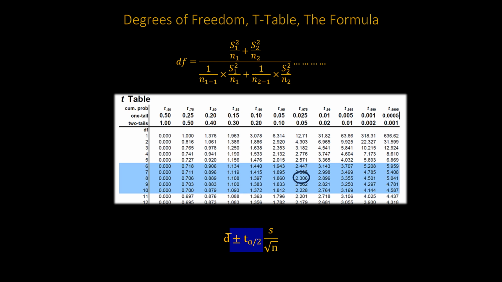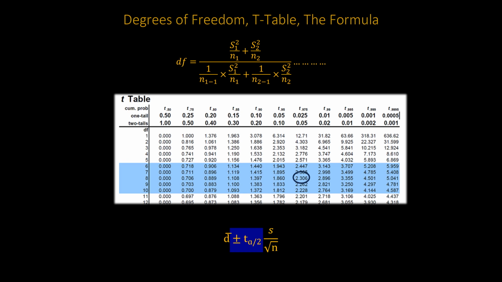Now that would be the column that would be used for a 95% confidence level. The t.975 stems from the 0.95, which is 95%, plus 0.025, which total is equal to 0.975, and with 8 degrees of freedom, the critical value is 2.306 as circled. That is how the table is read.